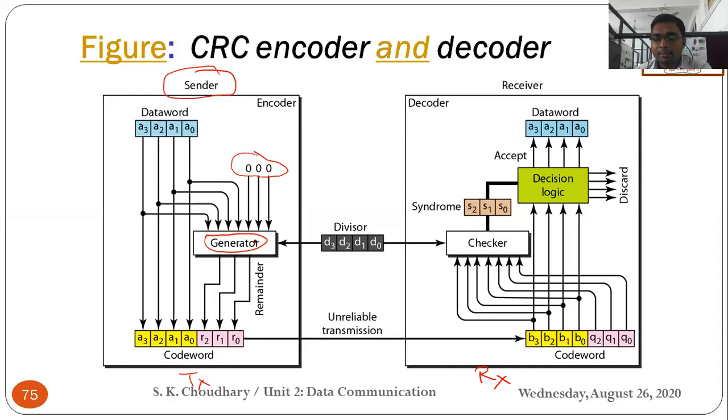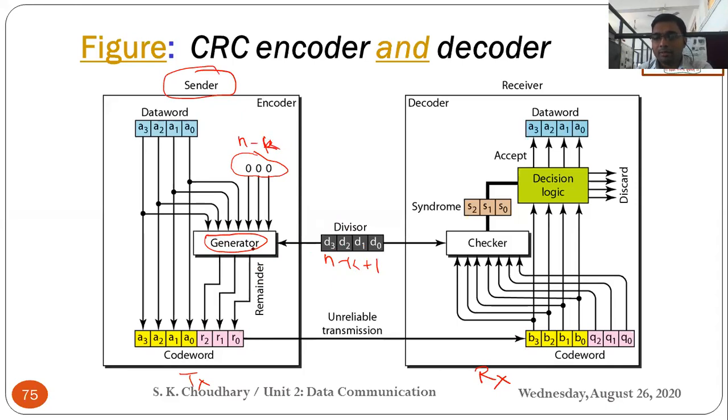In the generator there is a divisor, and the number of bits in the divisor is n minus k plus 1: 7 minus 4 is 3, plus 1 is 4. So a 4-bit divisor is there, and the number of zeros is n minus k, small k.